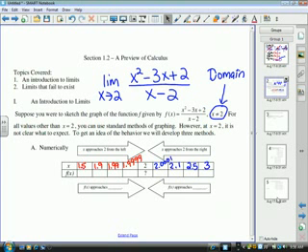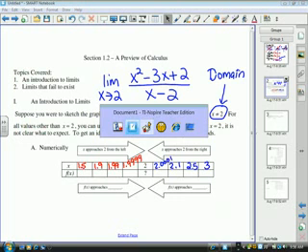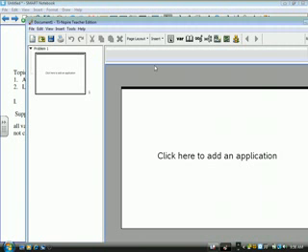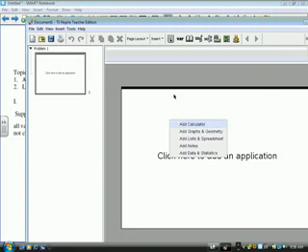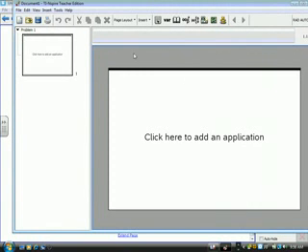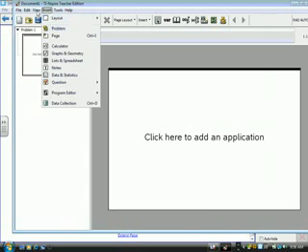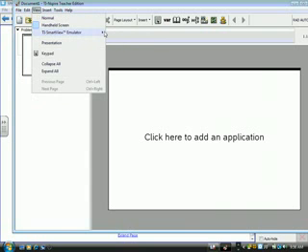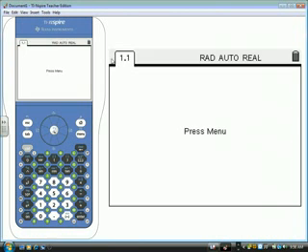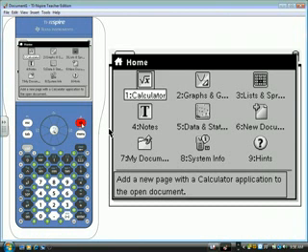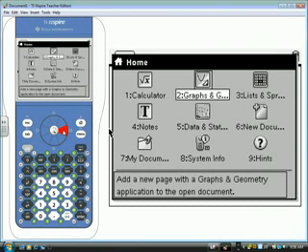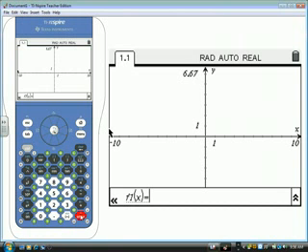Whether it's an Inspire or on the TI-84, for some of y'all are using that, you need to graph this function. So on the Inspire, what you'll do is bring the emulator up, go to home, and do number 2 here, graphs and geometry.